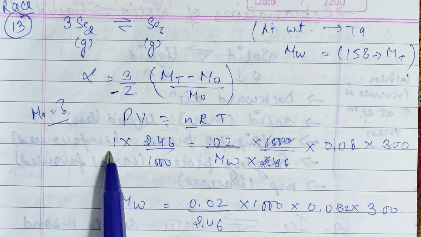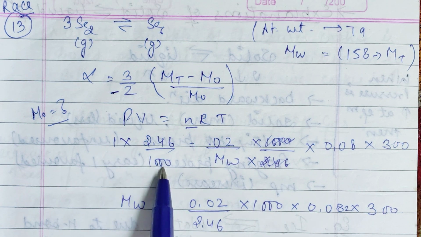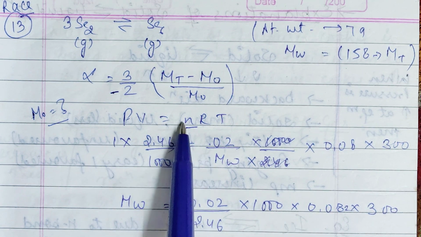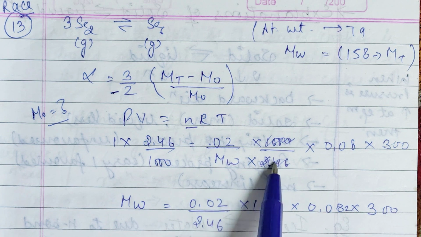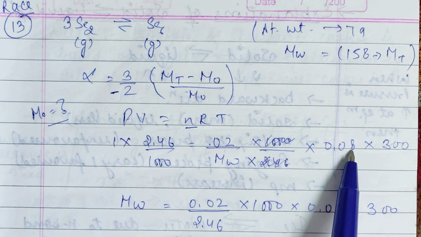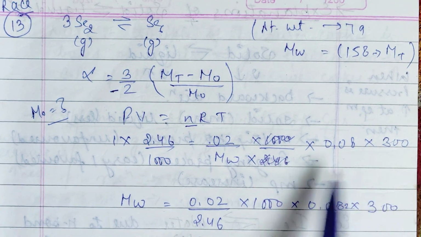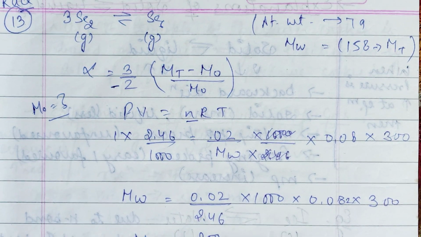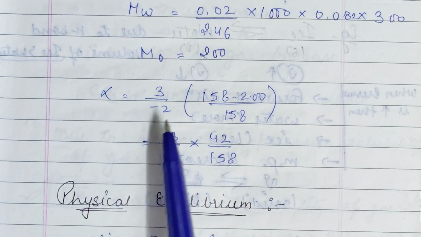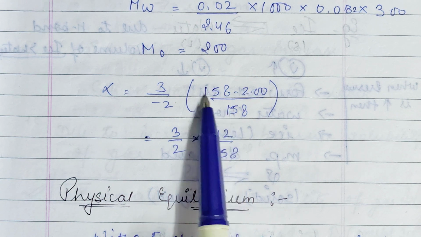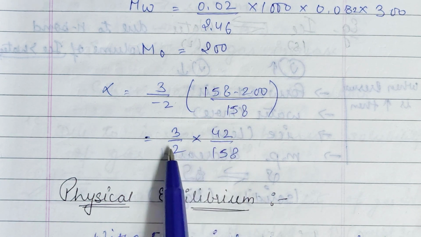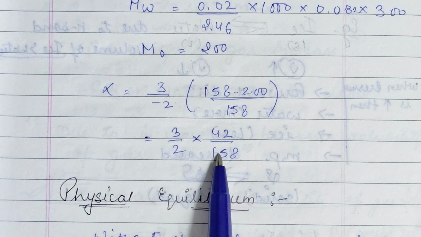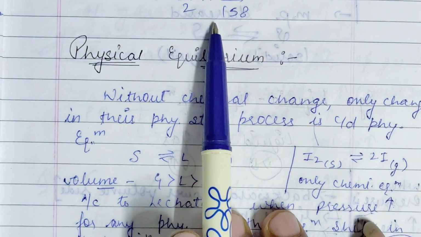So 1 into 2.46 upon 1000 equal to 0.2 upon molecular weight into R into T, where R is 0.082 and T is 300. So MW is 0.2 into 0.082 into 300 upon 2.46 into 1000. So M naught is 200. So alpha is 3 upon minus 2 into 158 minus 200 upon 158, equal to 3 by 2 into 42 upon 158. This is the value of alpha.